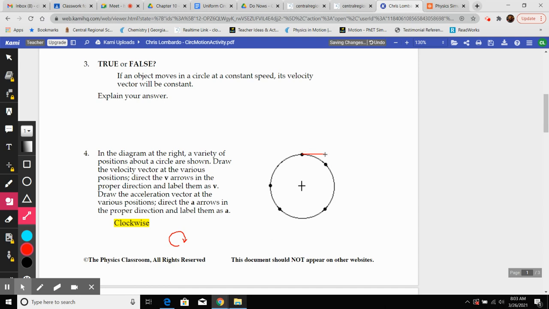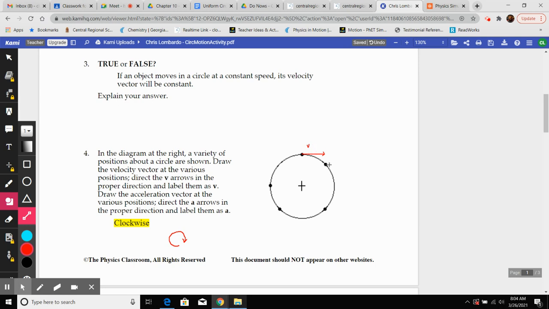Let's make it about there, not too long. Okay, I'm going to make myself a little arrow. That's awful, arrow. So that would be velocity.